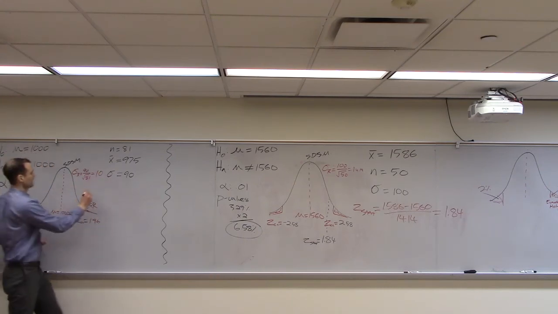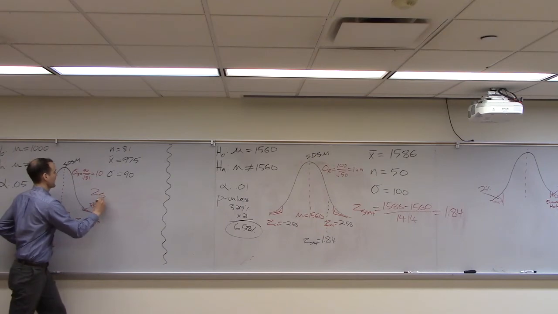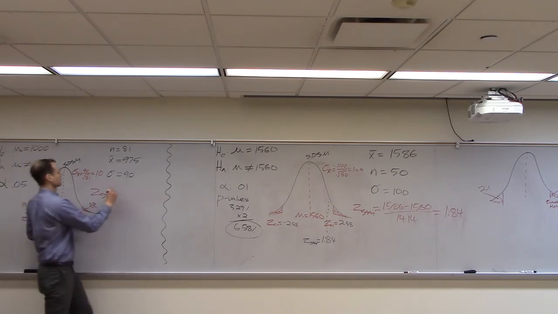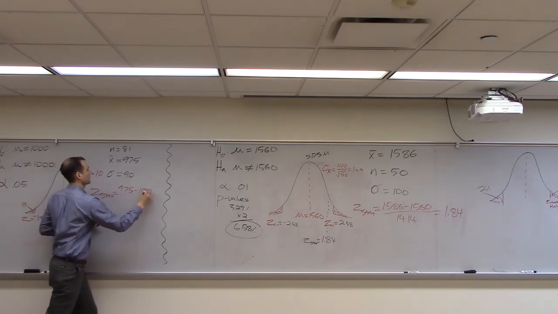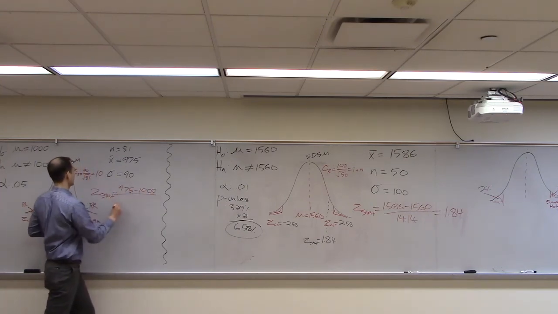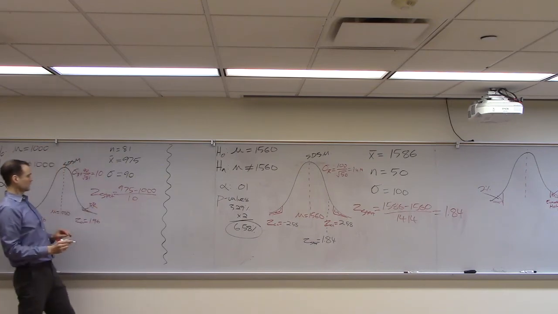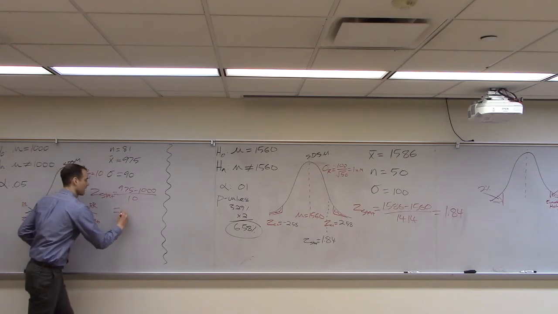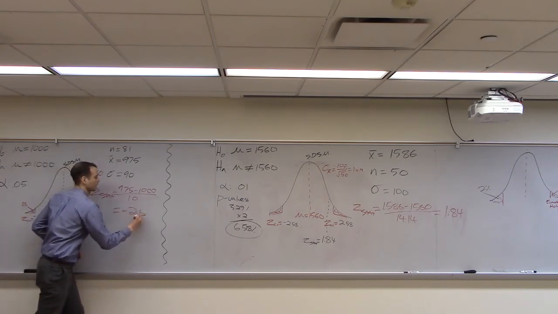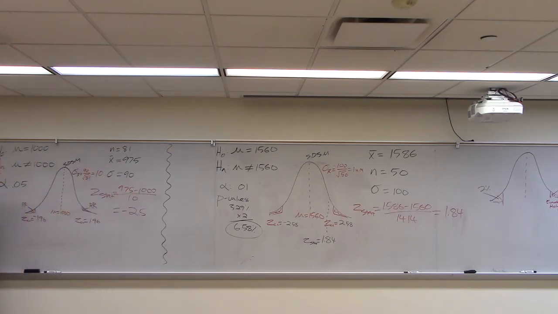Our Z stat is going to equal 975 minus 1,000 divided by 10. So that's negative 25 divided by 10 equals negative 2.5. Fantastic. Let's see where that lands on our sampling distribution of sample means.